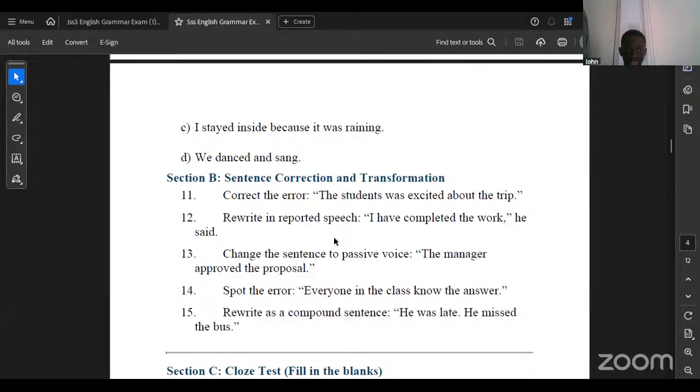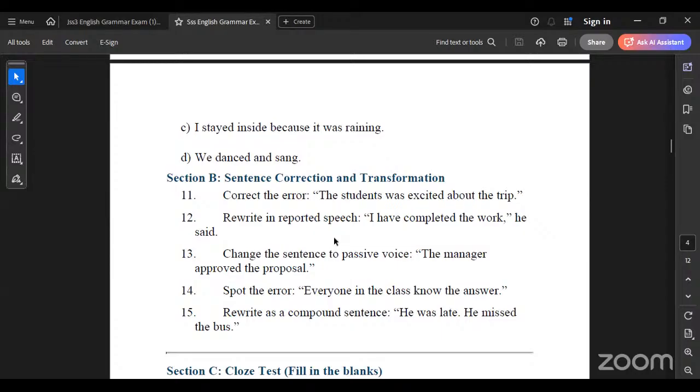It's C. Tell me why. Because it has "because," and it has an independent and a dependent clause. Tell me like you're sure.